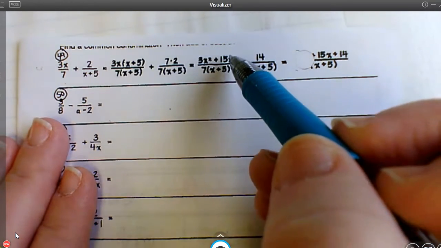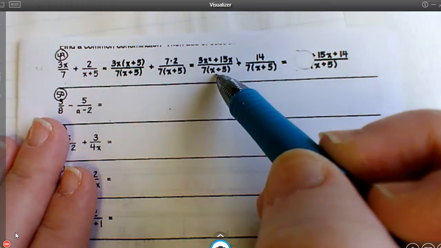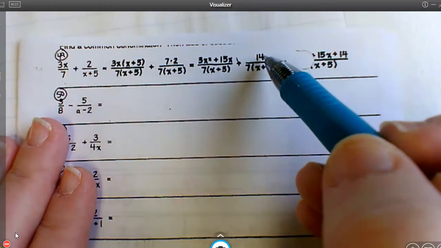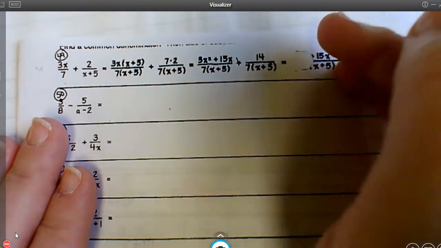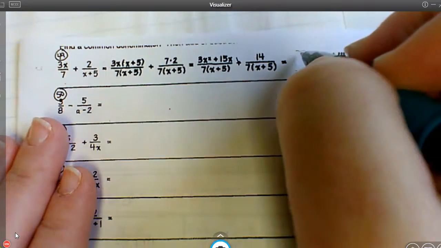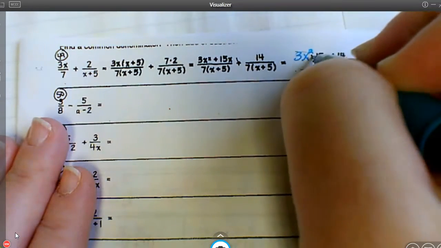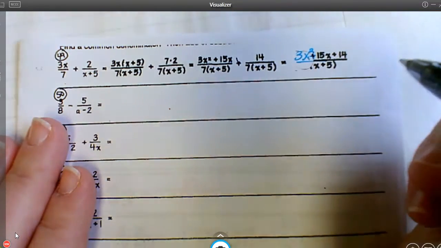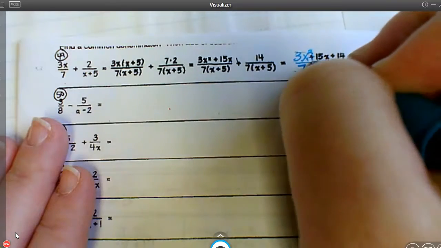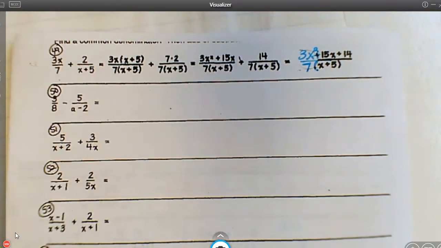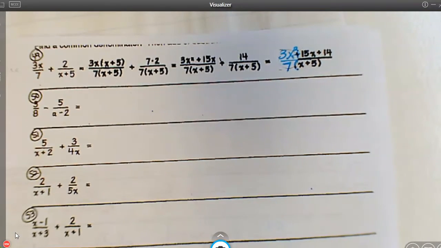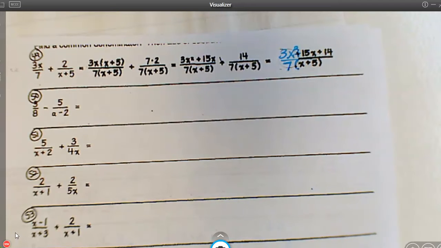When you do that, you're going to end up with this. And you just combine those. This part that has the hole cut out of it, just so you know, is a 3x squared plus 15x over 7 times x plus 5. That way that's not marked out for you.